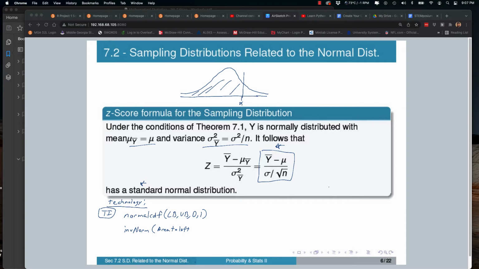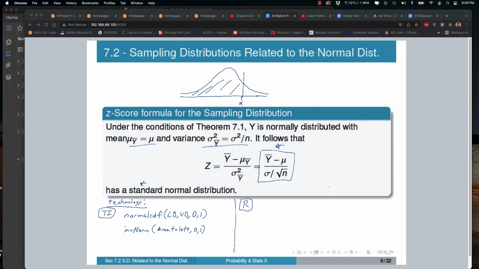Some of the newer versions of the calculator, I think, give you center and right options. So if you've got those, that's great, but if you don't, then it's usually area to the left in there, and then it's just 0 and 1 for the mean and standard deviation. With R, I'm going to do all my examples with R and not the calculator, because R will do all the functionalities that we need, and the calculator only has normal and T for both the probability and the quantile finding functions.